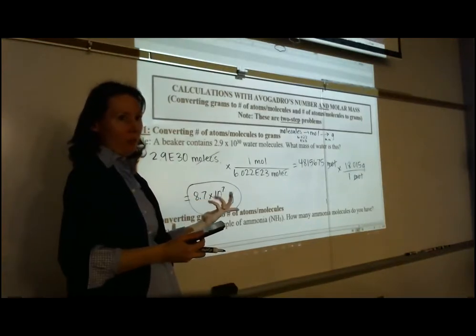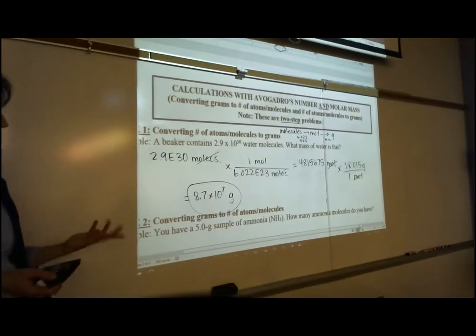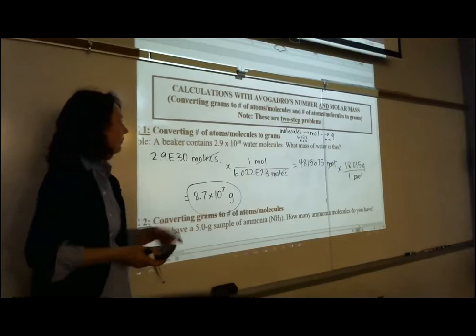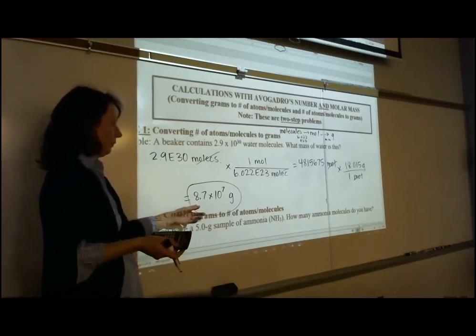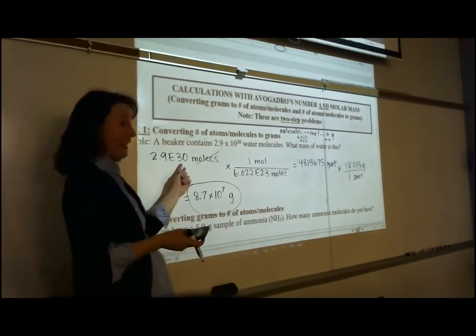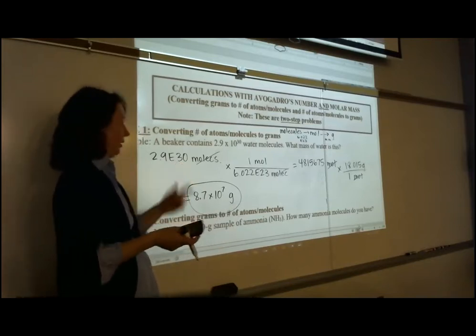Water's got a density of 1 gram per milliliter. A swimming pool is still way more grams than this. But when you're thinking about water molecules, you would normally have a big sample, like a swimming pool, or even that cup right there, and that's going to be a big number.